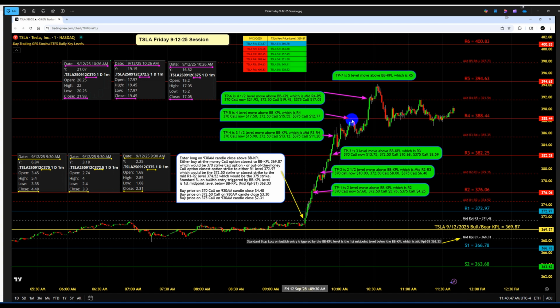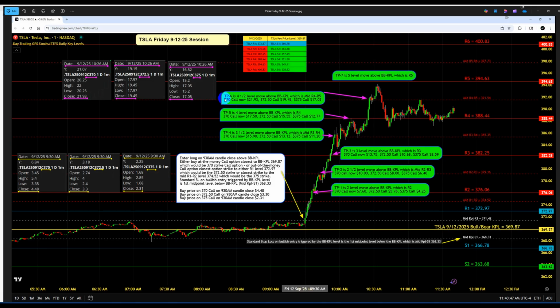This candle actually wicked off of it, so this would be on the touch of this level here. So on the touch of this level, it was $17.50 for the 370 call. The 372.50 call on that touch was $15.55. The 375 call on this touch was $12.77.